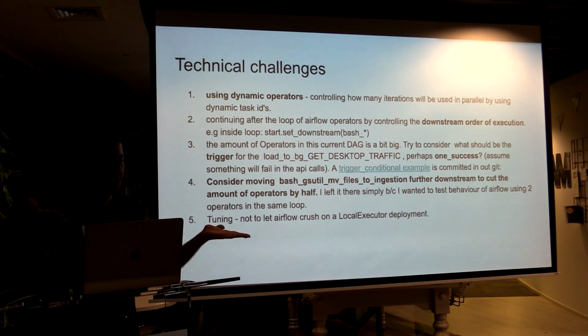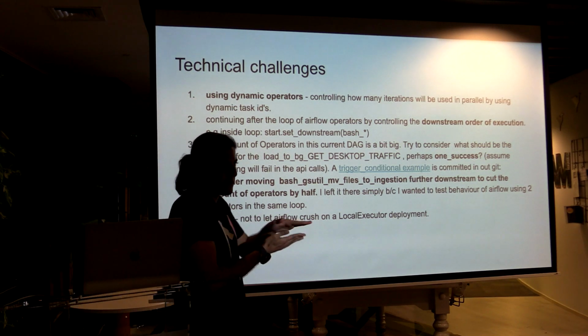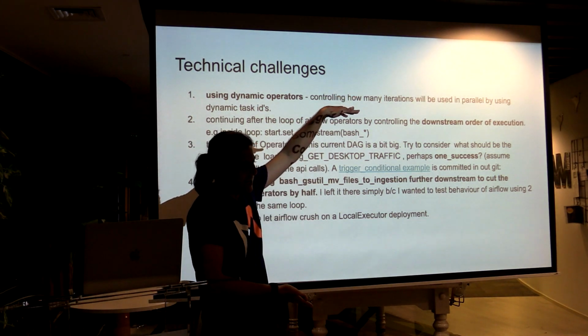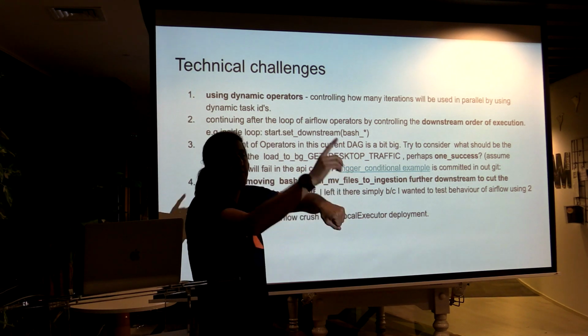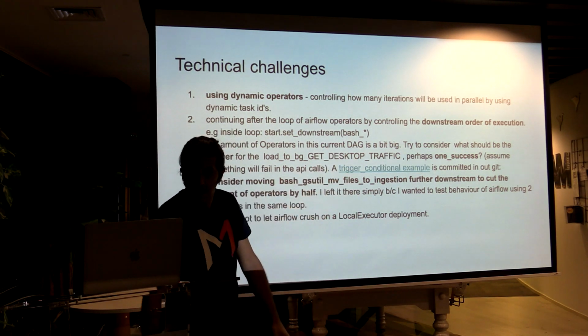So we decided to use dynamic operators like we did before. And then came a new problem because we had to control the downstream order of execution. Meaning we created 8,000 operators and then some logic about how to proceed if something failed or not.